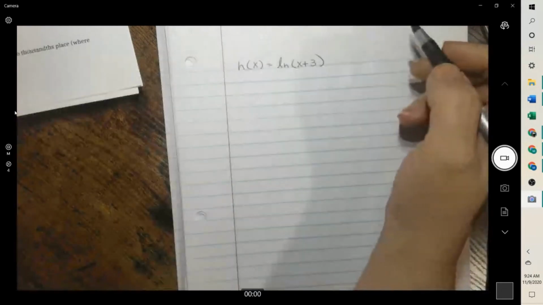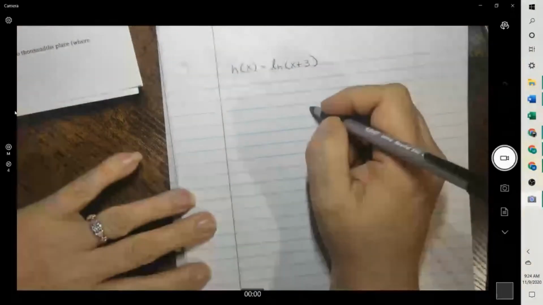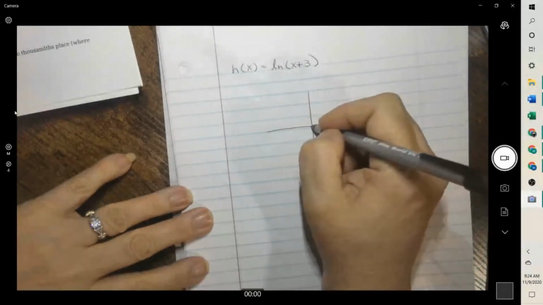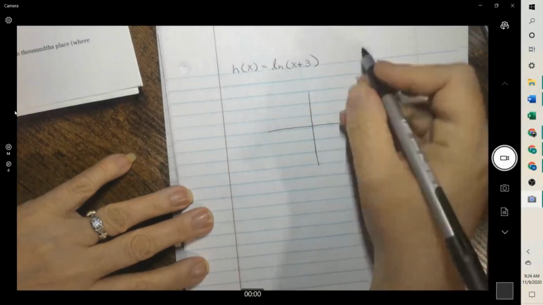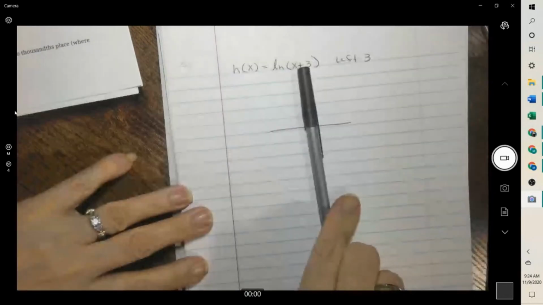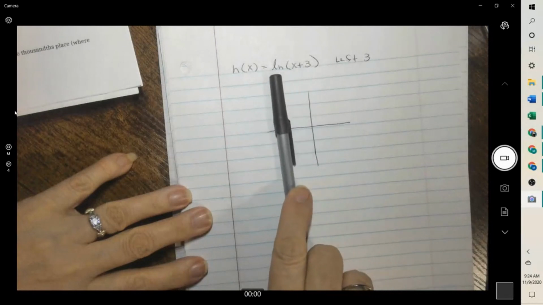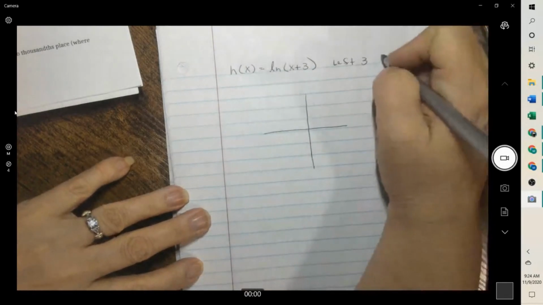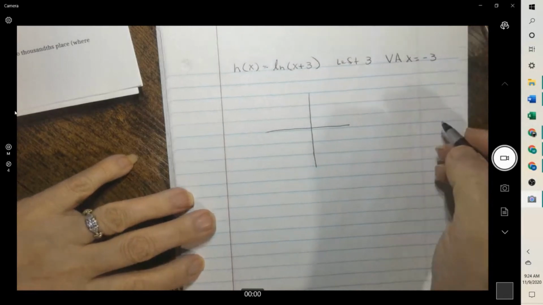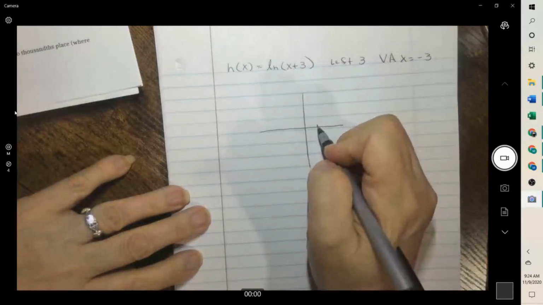Okay, so how will this move the graph? Left 3. We're going left, which means our vertical asymptote is moving left 3. Our point was here at 1.